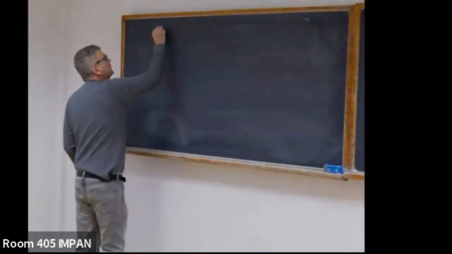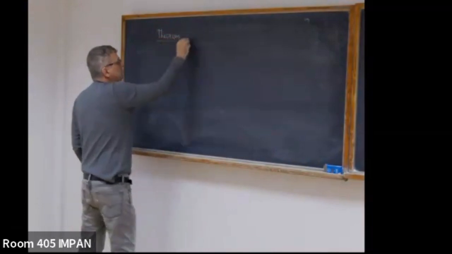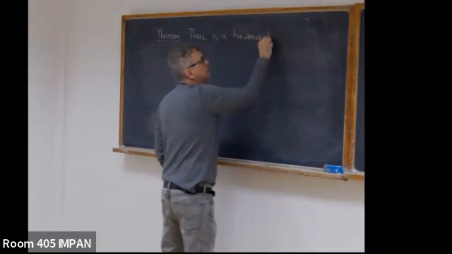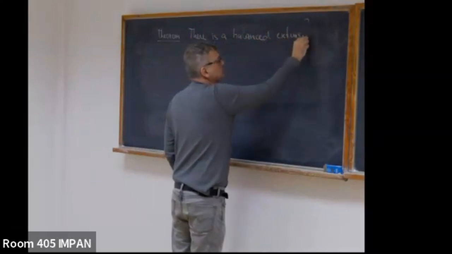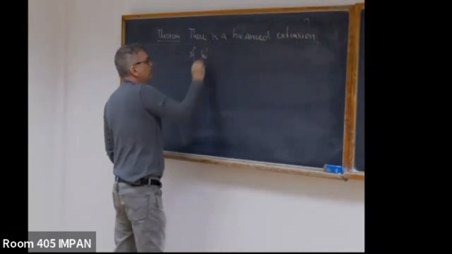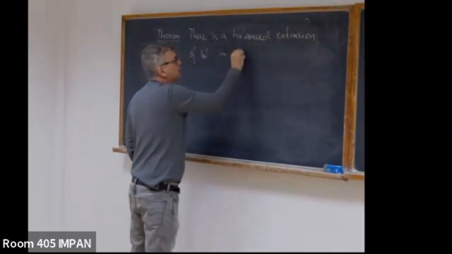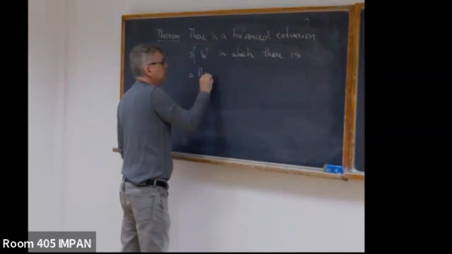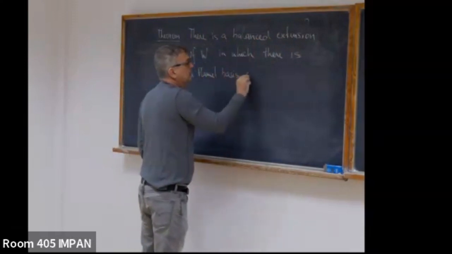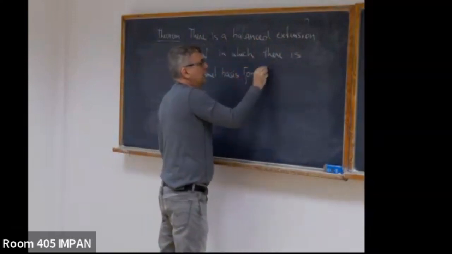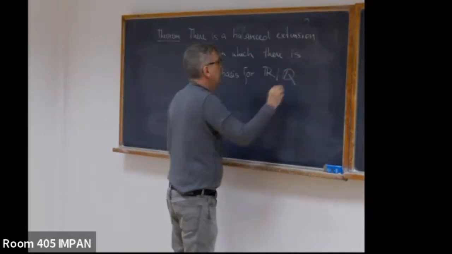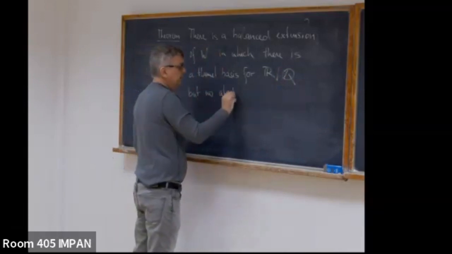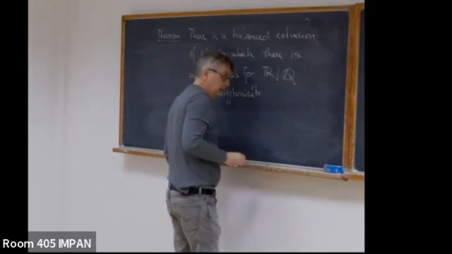Theorem. There is a balanced extension of the model in which there's a Hamel basis for R over Q, but no algebraically independent transcendence bases.